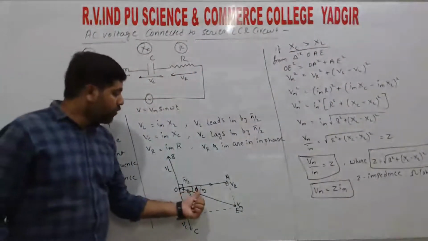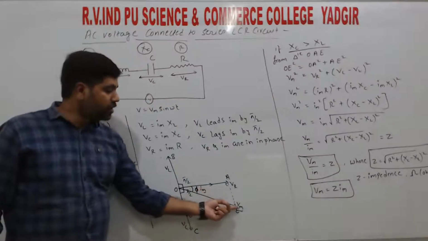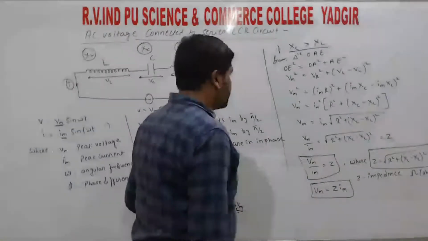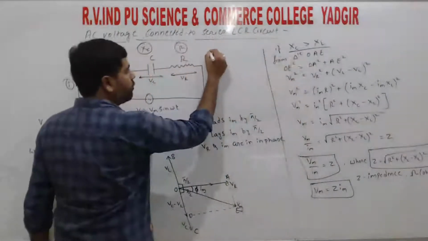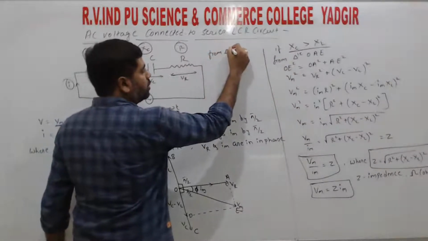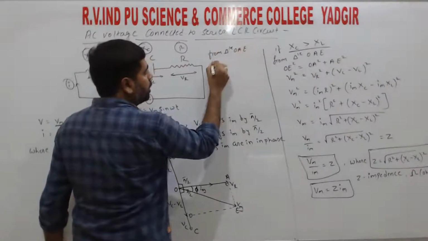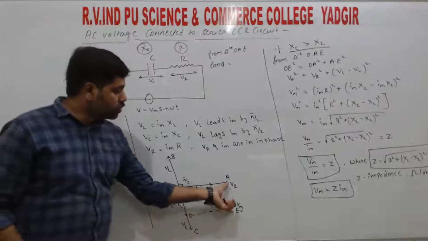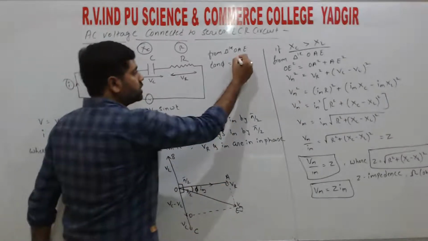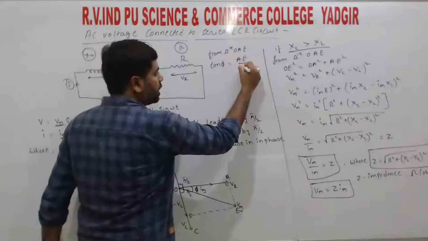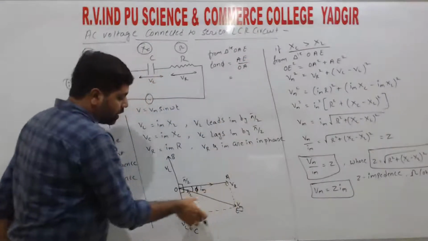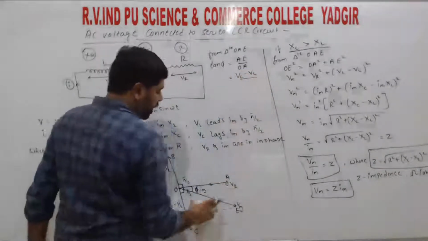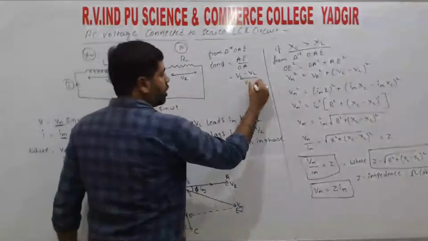So now we need to find the phase difference. So the phase difference between the peak voltage and the peak current, right? So again from this triangle, I will write here, from triangle OAE, tan phi is equal to opposite side by adjacent side. So opposite side is AE, adjacent side is OE. So AE is parallel to OD, so we can write VC minus VL divided by OA, which is VR, right?